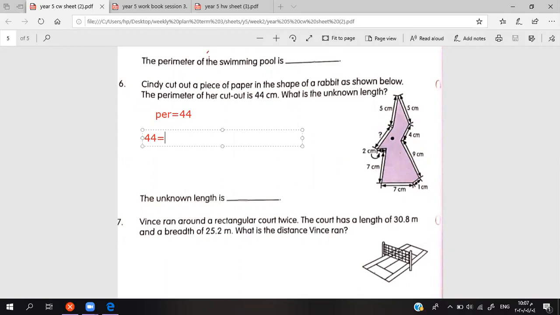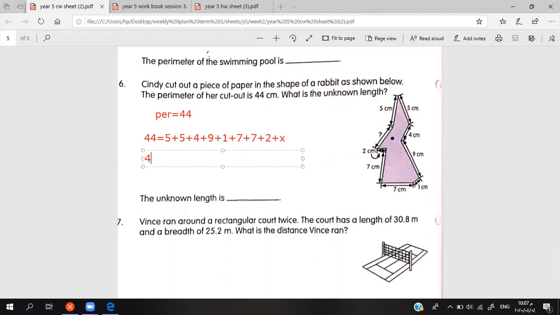Now let's write the sides: 5 plus 5 plus 4 plus 9 plus 1 plus 7 plus 7 plus 2, plus the x side, the side that I don't know.